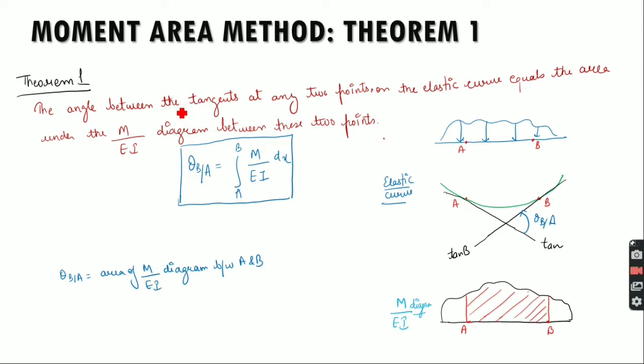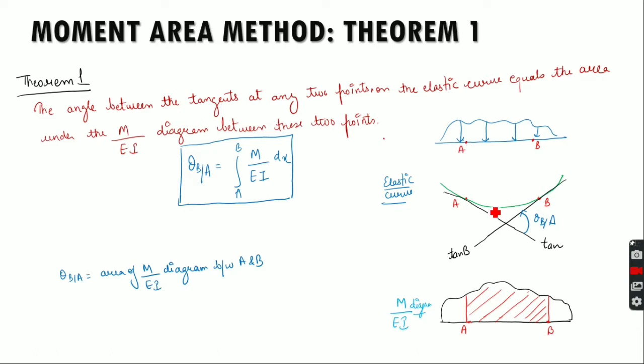So let us look at this statement in parts. First, it says the angle between tangents at any 2 points. Let us consider points A and B on the beam. In the elastic curve, these points are shown here, A and B, after the deflection.